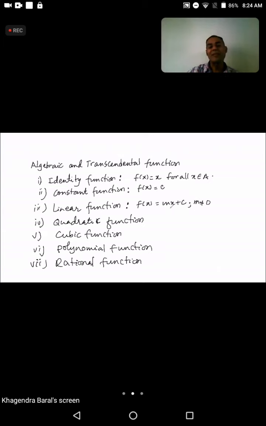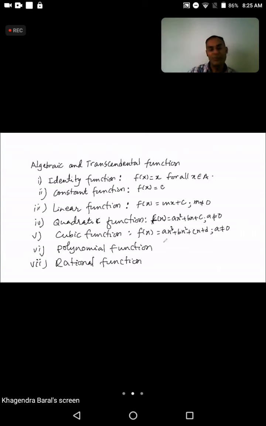Similarly, the function in the form f of x is equal to ax square plus bx plus c, where a is not equal to 0, is a quadratic function. Similarly, the function f of x is equal to ax cube plus bx square plus cx plus d, where a is not equal to 0, is a cubic function.